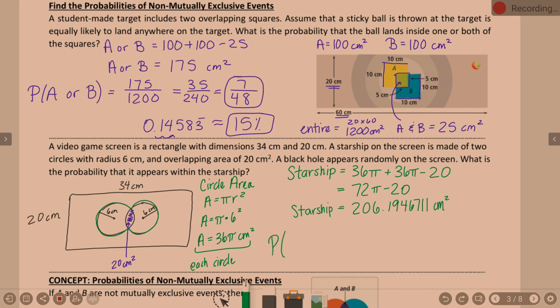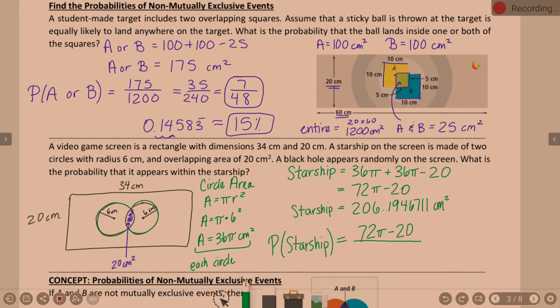Okay, we want to know the probability that this black hole that randomly appears is within the starship. So I'm writing that as the probability of the starship. Okay, what's our setup here? The 206 or whatever. Either the 206, which you might have on your calculator screen, or the 72 pi minus 20, divided by 680.